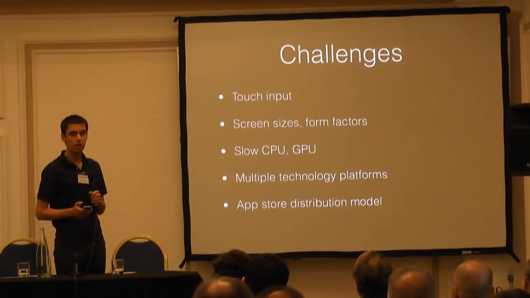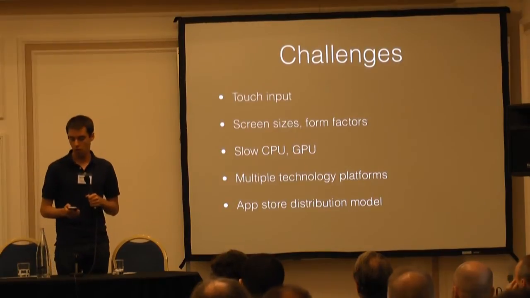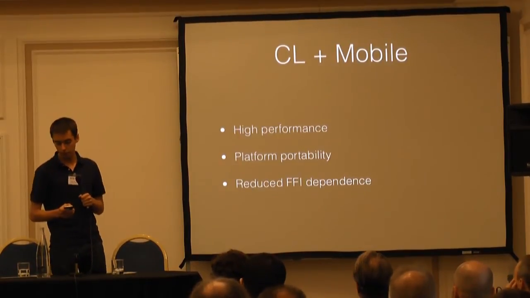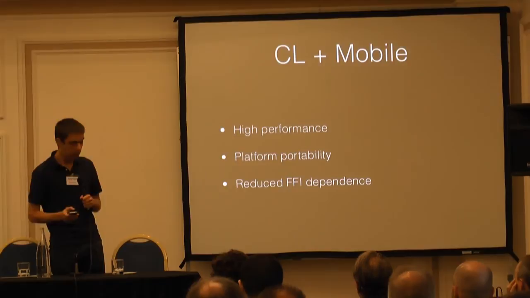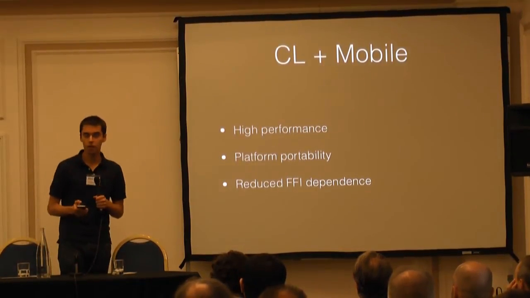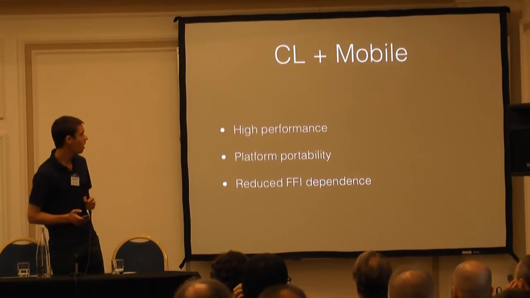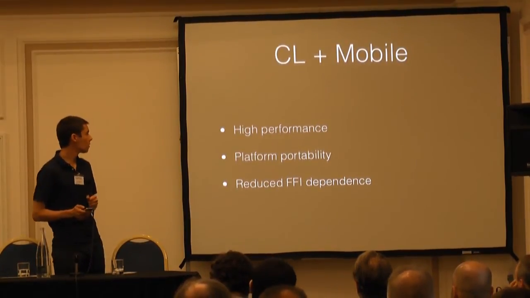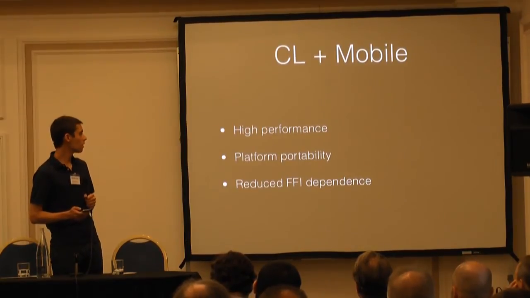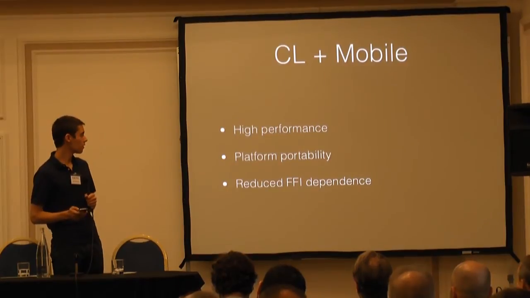And the App Store distribution model is changing how apps are being sold. So I believe Common Lisp has some very significant, unique advantages in pursuing mobile: high performance, portability, and reduced dependence on other languages.